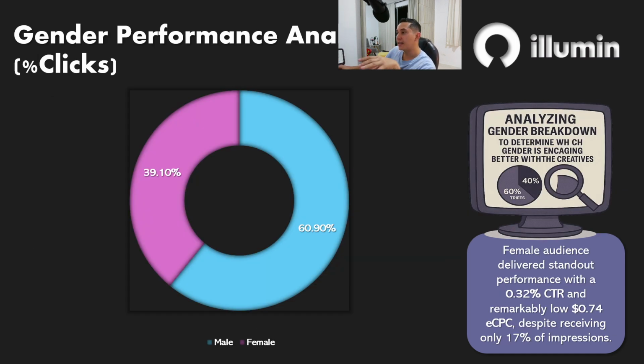Our audience analysis revealed the most dramatic performance differential in the campaign: gender targeting. Female users show a 3.2 times better click-through rate at 0.32% versus 0.10% for males, despite receiving only 70% of the impressions and a limited amount of the budget.